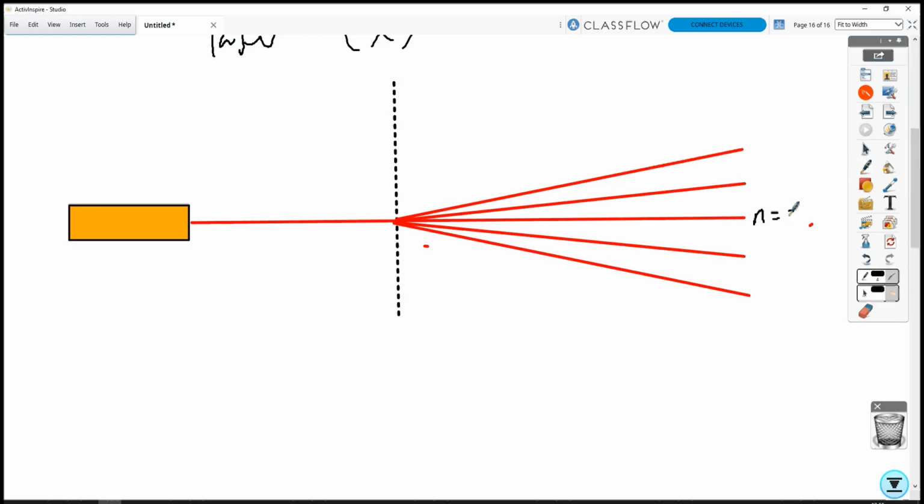The central is called the 0th order. Then you've got n equals 1, n equals 2, etc. And below that is the same, n equals 1, n equals 2. And between the 0th order and the first order, that creates an angle theta.